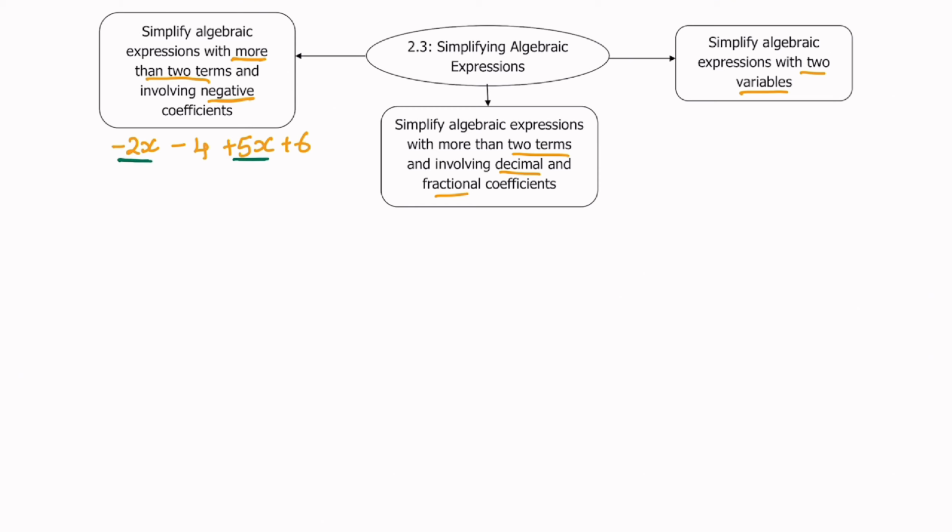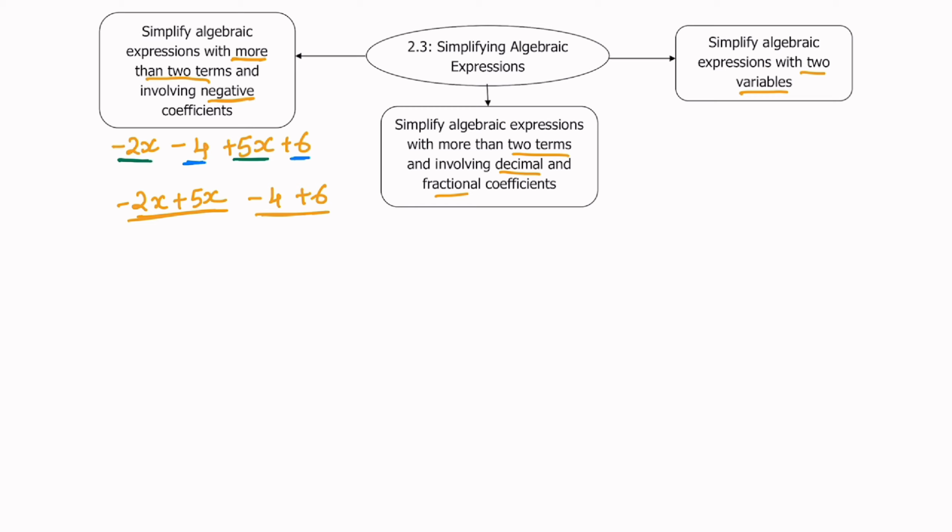They are like terms because both of them have x, whereas minus 4 and 6 are like terms as they are just integers over there. So the next step here would be to actually put the like terms together. So I would do minus 2x plus 5x together, like terms, then minus 4 and plus 6, like terms.